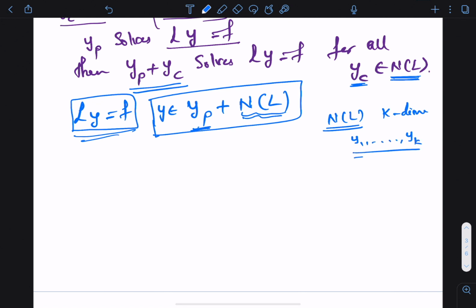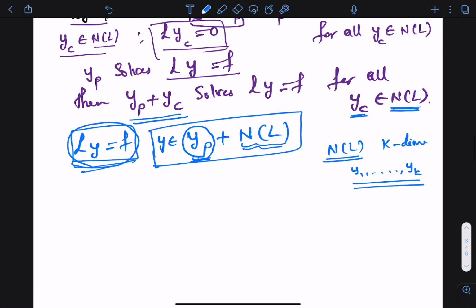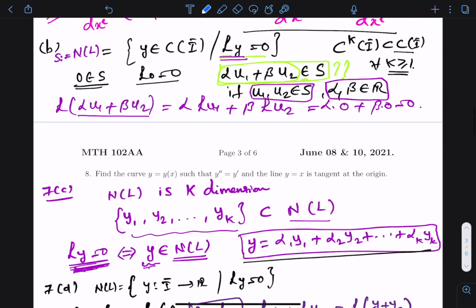And once you know k elements, and if you know one solution of the inhomogeneous problem, you also know all the solutions of the inhomogeneous problem. And this is happening because the differential equation is linear. Okay, that's the advantage of this. Now that completes 7D.